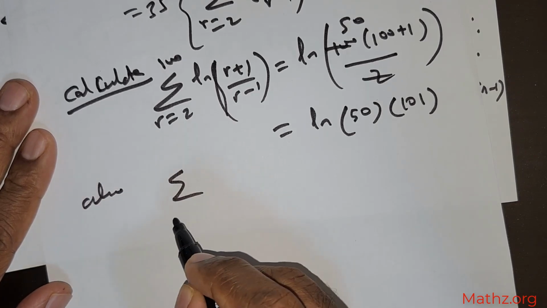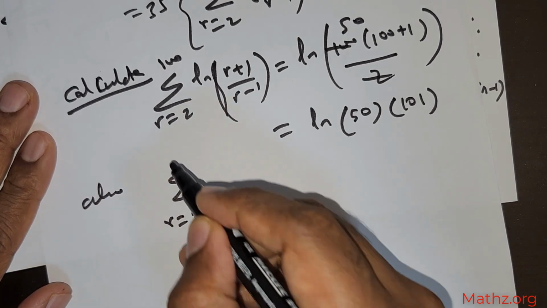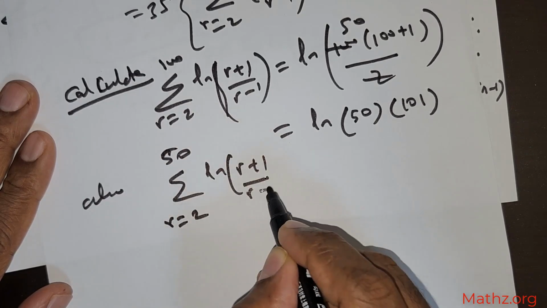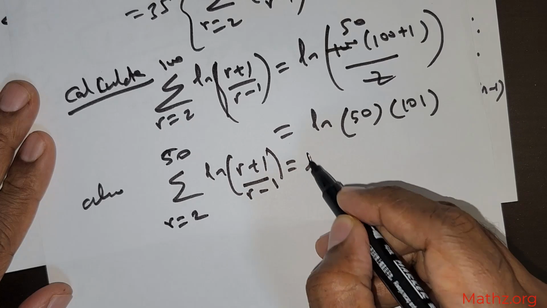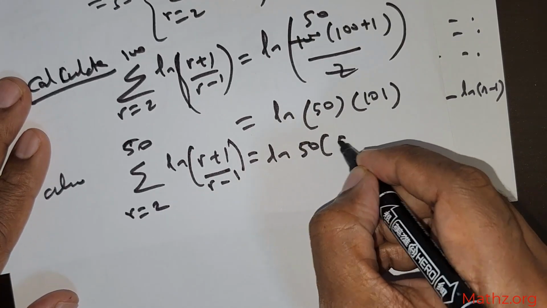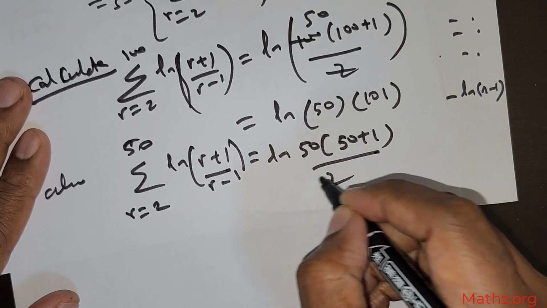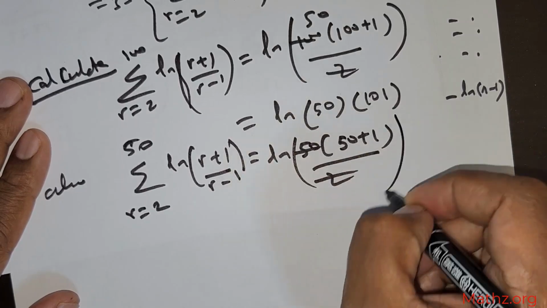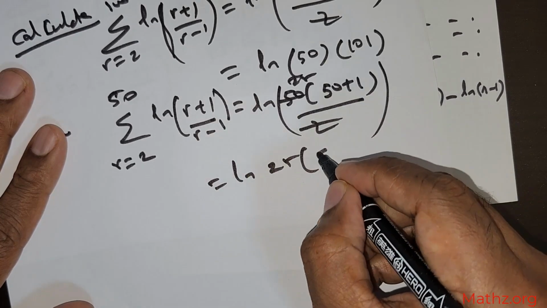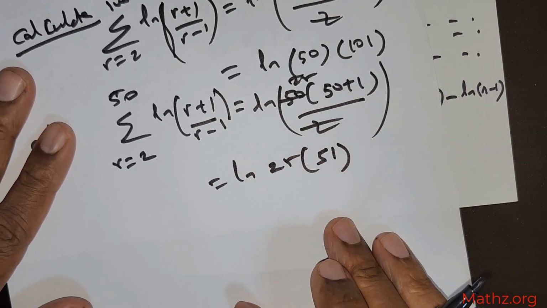Now also we calculate r is equal to 2 to 50 of ln of (r plus 1) divided by (r minus 1). So what is that? That is ln of 50 into (50 plus 1) divided by 2. This is going to be 25 and this is going to be 51.